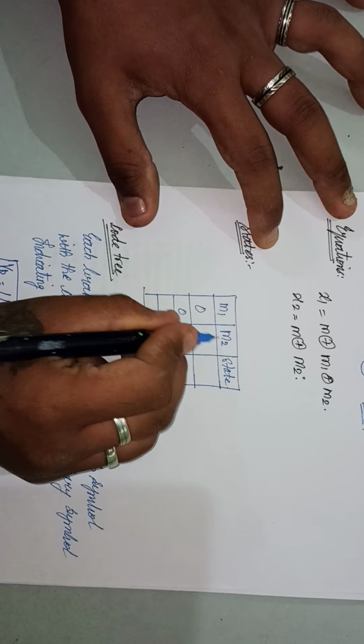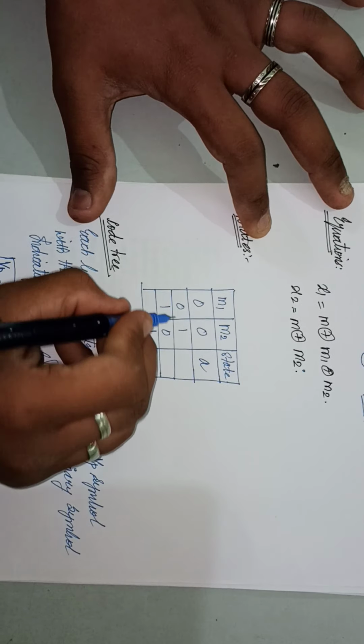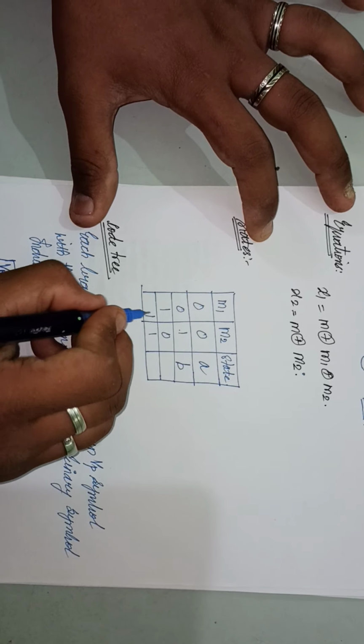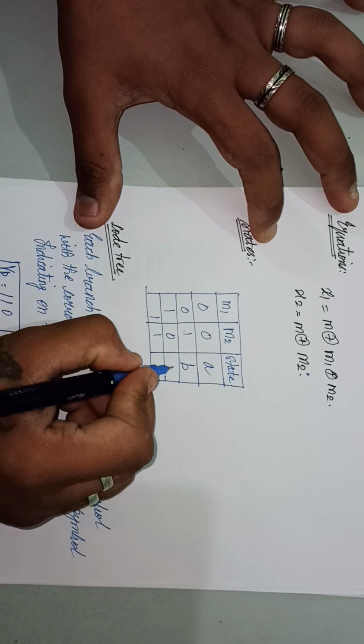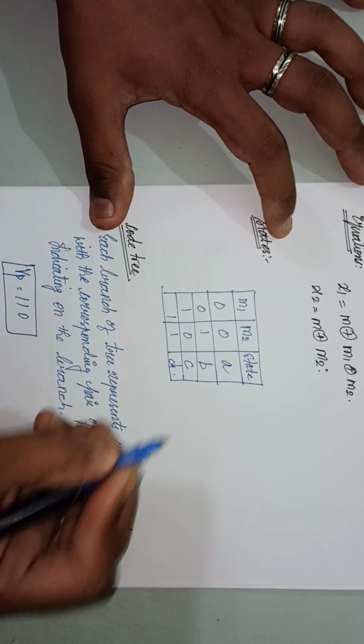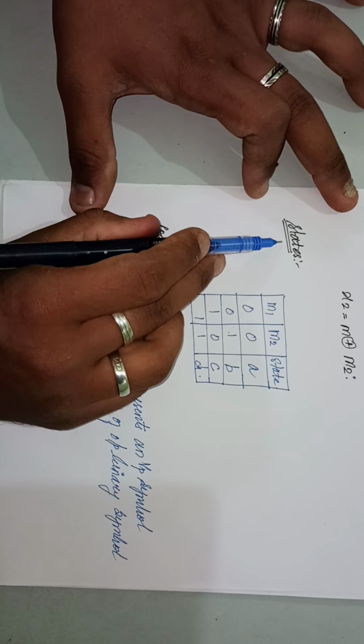If m1 and m2 are 0 0, then the state will be A. If they are 0 1, the state will be B. If they are 1 0, the state will be C, and if they are 1 1, the state will be D. This is how we write the state values.